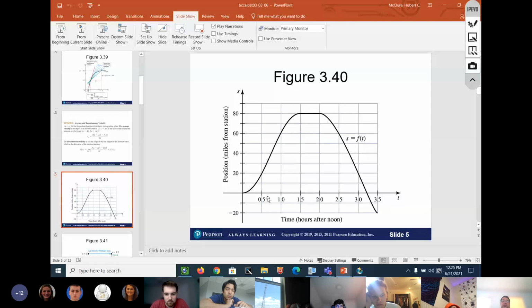Where is it increasing? It's increasing from 0 to 1.75. And then it's constant from 1.75 to 2.25. And then it's decreasing from 2.25 to 3.5. Does everybody see what I just did? Make sure you can do that too. I won't test you too much on that.